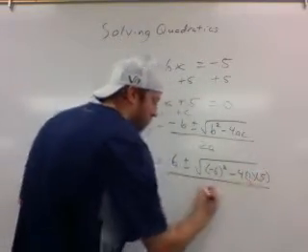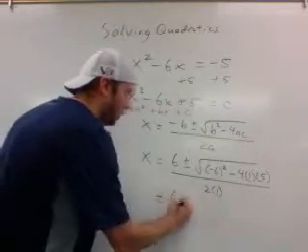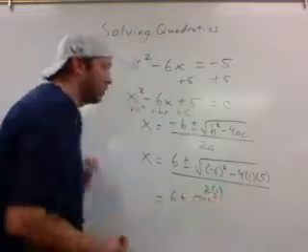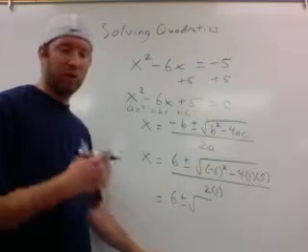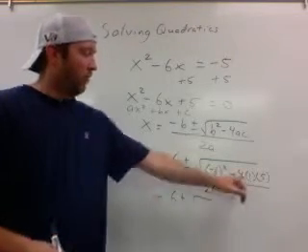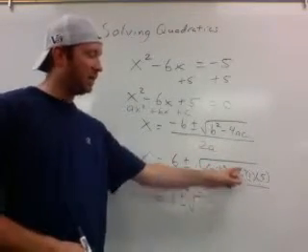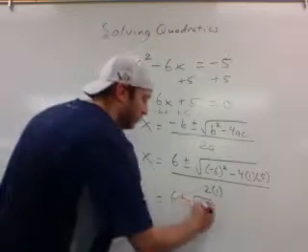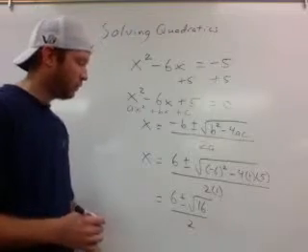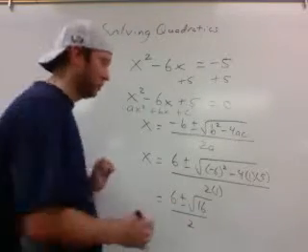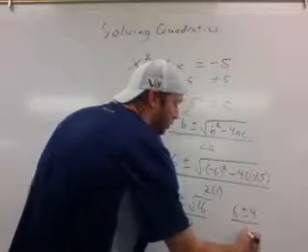All over 2 times a, which was 1. Alright, so I get 6 plus or minus square root. Here's where I need to do the math. Negative 6 squared is 36. 4 times 1 times 5 is 20. So it's 36 minus 20 or 16. Over 2. Square root of 16 we know is 4. So I get 6 plus or minus 4 over 2.